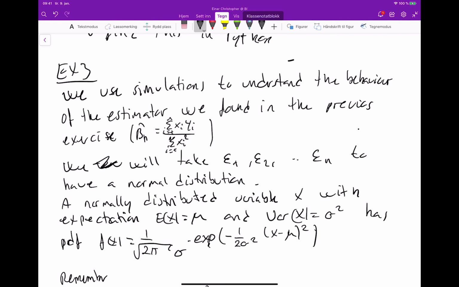A normally distributed variable x with expectation mu and variance sigma squared has the following probability distribution function, which you may have seen earlier. f of x is equal to 1 divided by the square root of 2 pi times sigma times e to the power of minus (x minus mu) squared divided by 2 sigma squared. So we will use all this throughout the exercise.